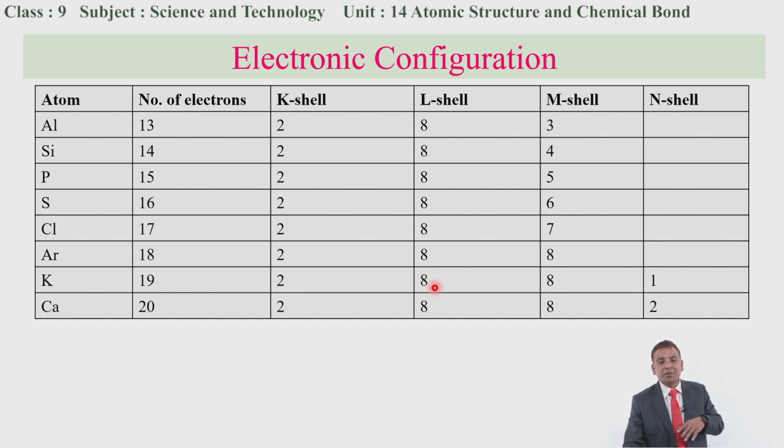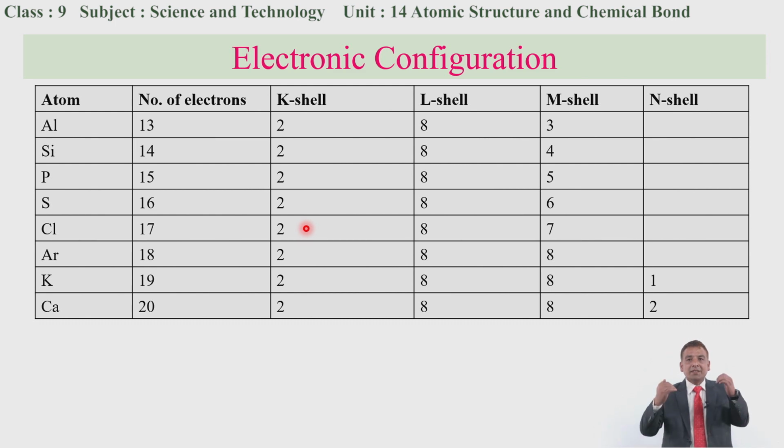In the same way, the M shell can accommodate 18 electrons, but to make its electronic configuration more stable, the valence shell can accommodate only 1 electron. So the last electron has been put at the N shell. Calcium also has a similar electronic configuration. At the valence shell, there are altogether 2 electrons.